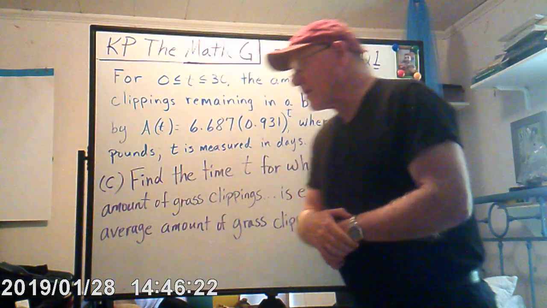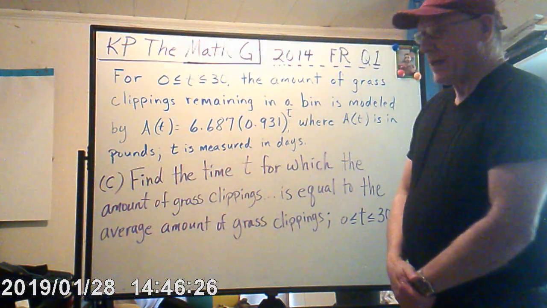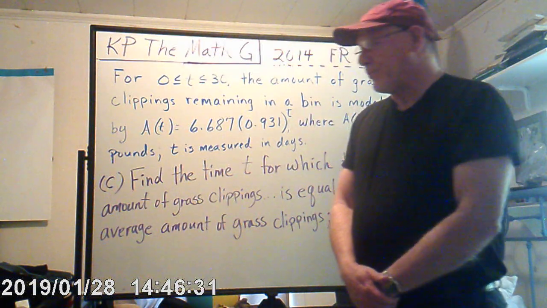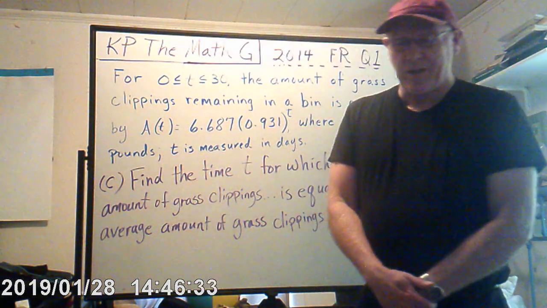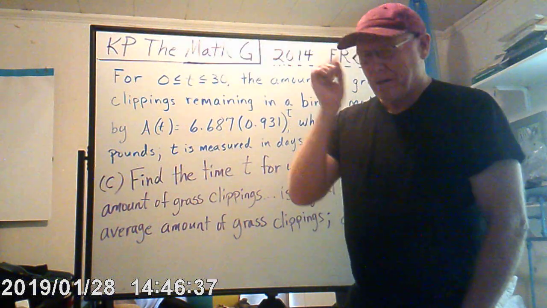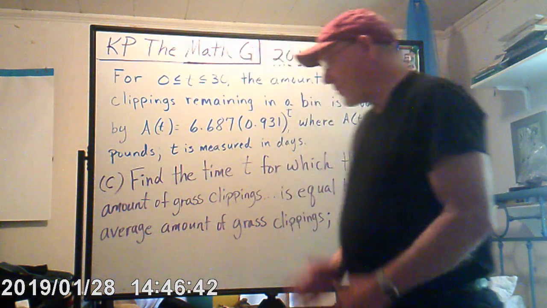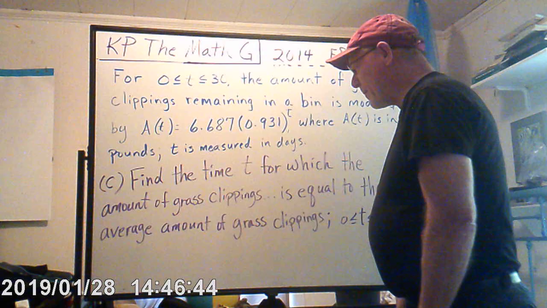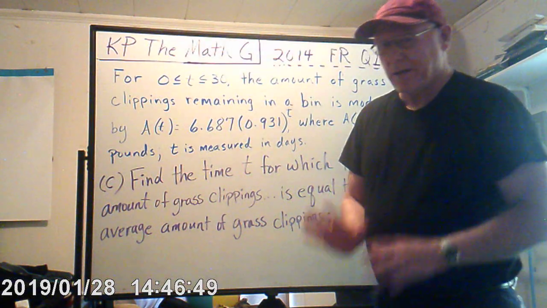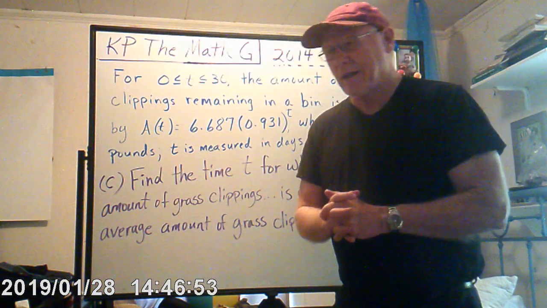It is a 2014 free response question one, and one reason I want to go over this is that I had to study this a little bit myself. I had to get the question in my mind straight, and then I could solve. And I finally got it. But sometimes you read things and you think about one way of doing something, and then you think, oh, I left something out.